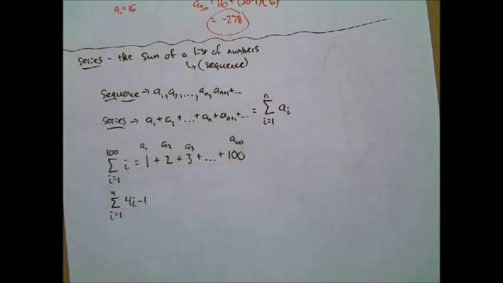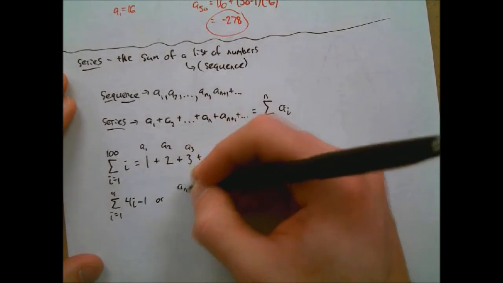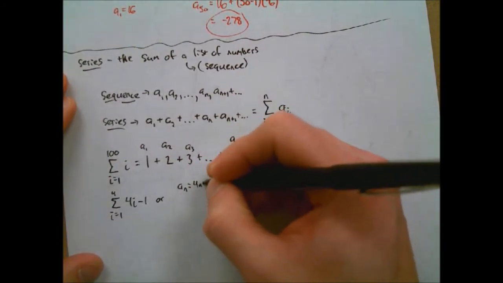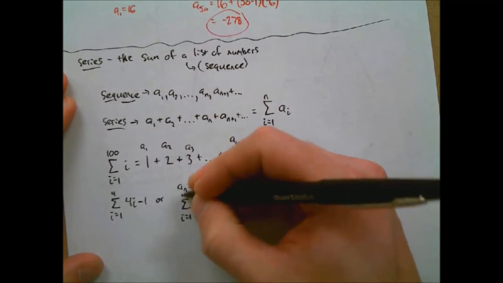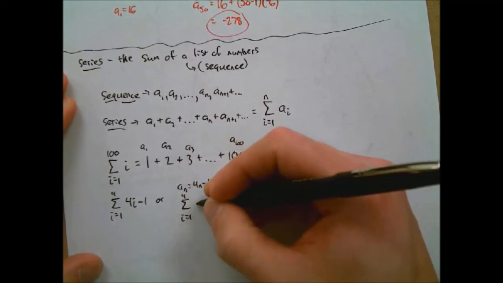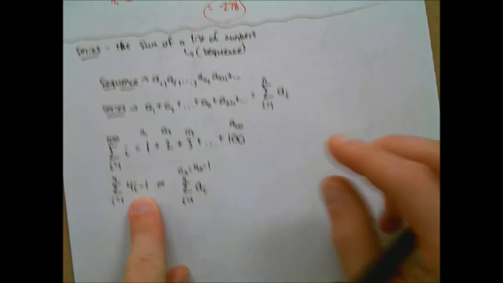Like that. That was our very first sequence there. Or another way you could write that is to say a sub n is equal to 4n minus 1. And so then the sum of a sub i, like that.